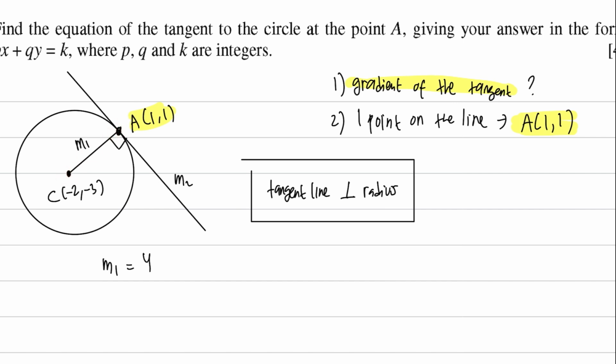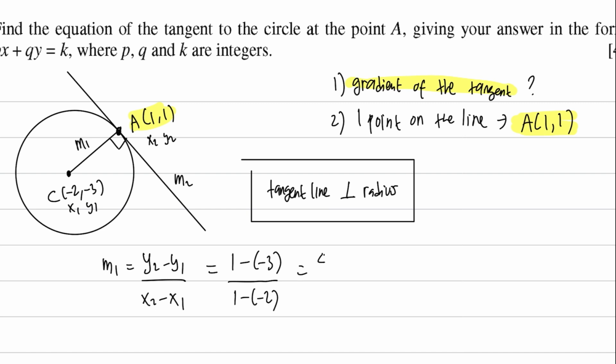So just apply y2 minus y1 over x2 minus x1. From here, let's call this one x1, y1, x2, y2. We will have 1 minus minus 3 over 1 minus minus 2. You will get 4 over 3.